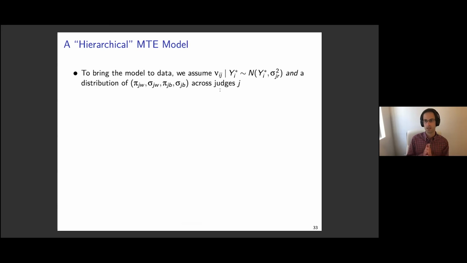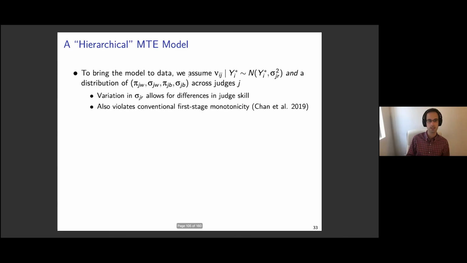So in order to bring this model to data, we do need to impose a number of assumptions on what these different thresholds and signal quality across judges look like. So we're going to assume distributions for each of these parameters. Sigma JR is going to be the signal quality of different judges. That's going to differ by judge skill.